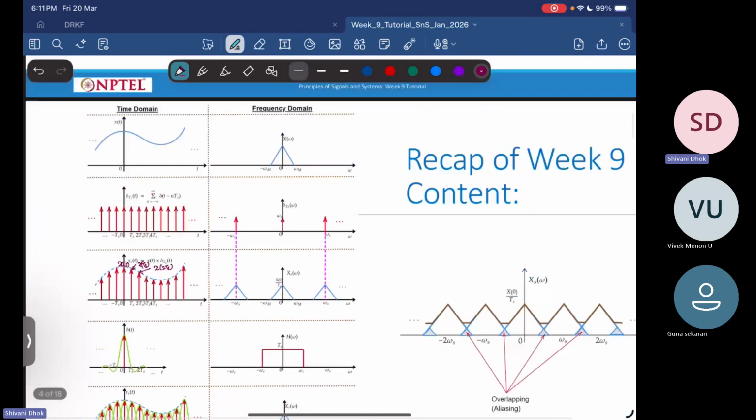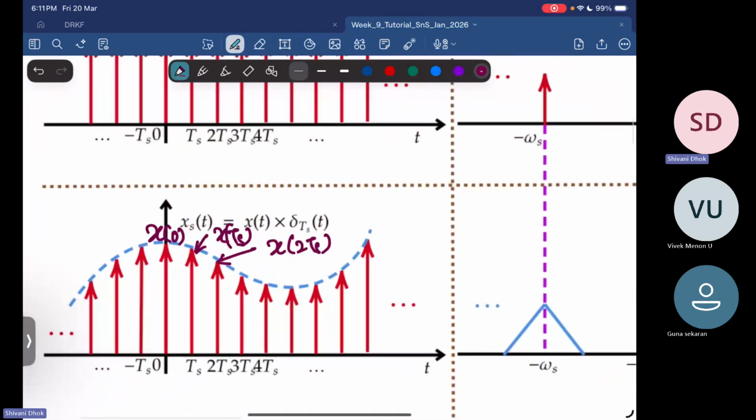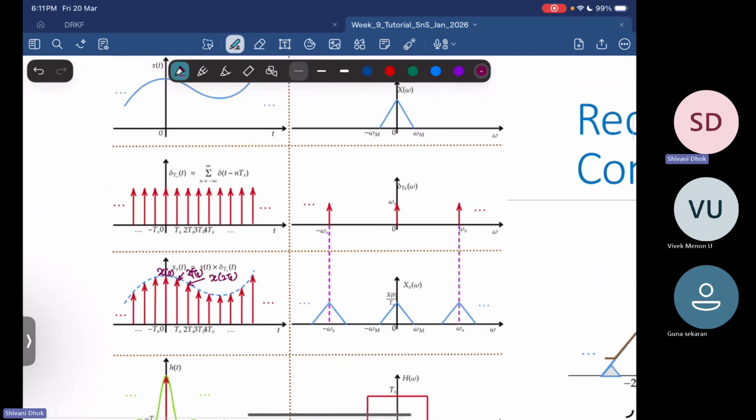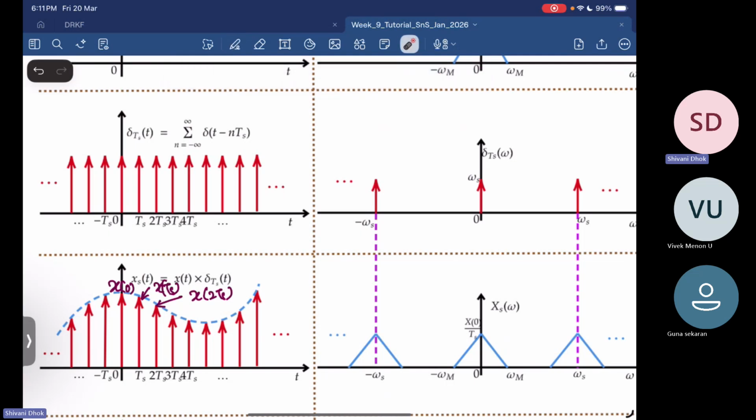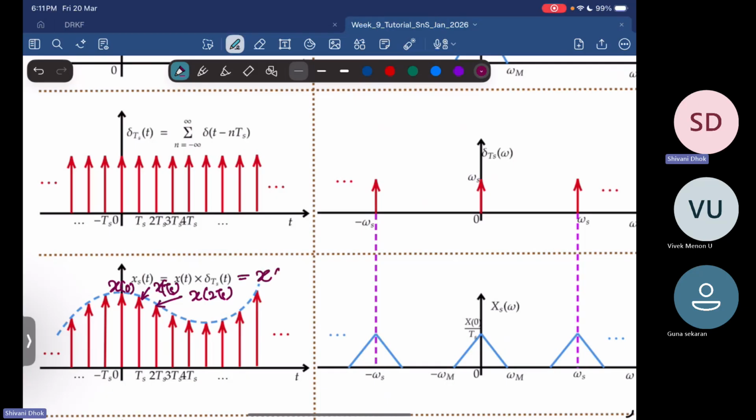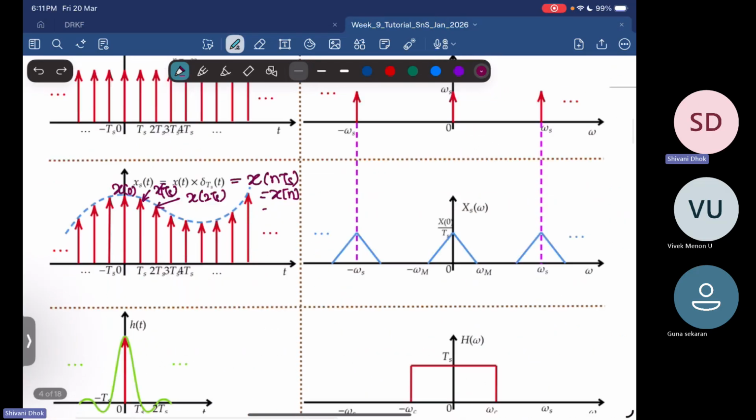So you multiply your signal with a train of impulses to get again a train of impulses but with different magnitudes, and that magnitude is governed by the signal amplitude at that particular location. This is basically your x of nTs, which is your x of n. x of n is your discrete signal coming from x of t. Okay, so this is how you sample.